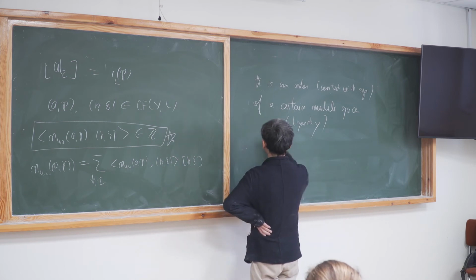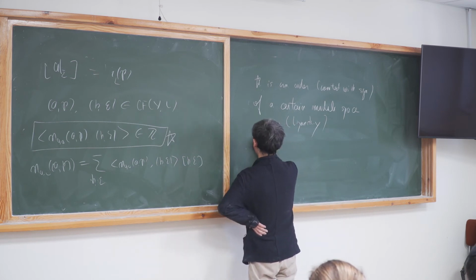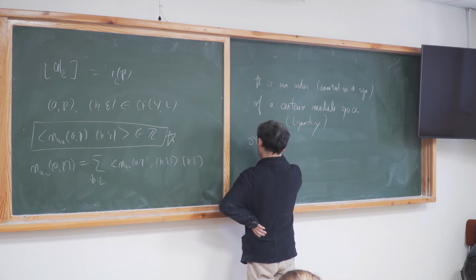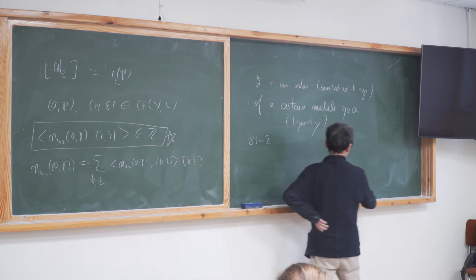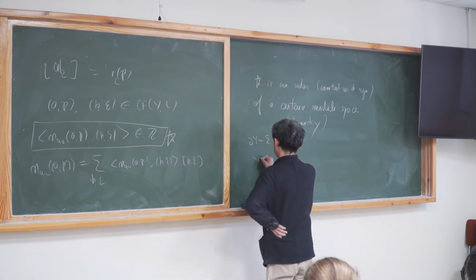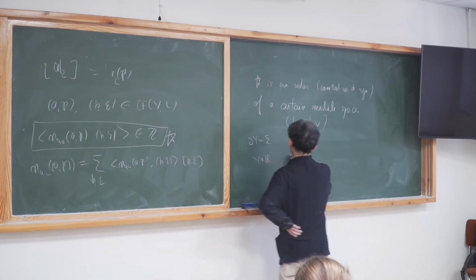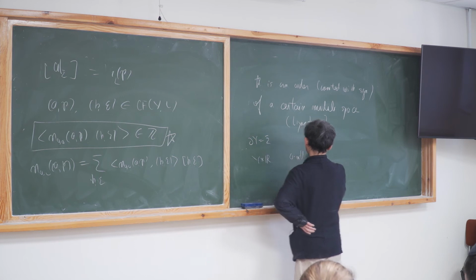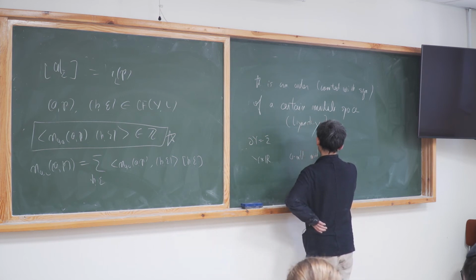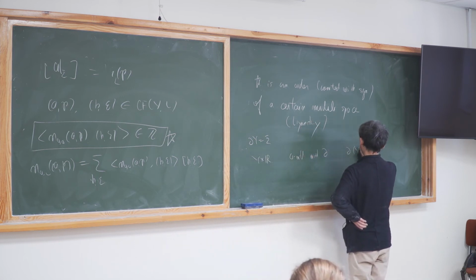First of all, we consider this Y, whose boundary is sigma. So we cook up Y cross R. This is a four manifold with boundary and infinity, and the boundary is just R cross sigma.